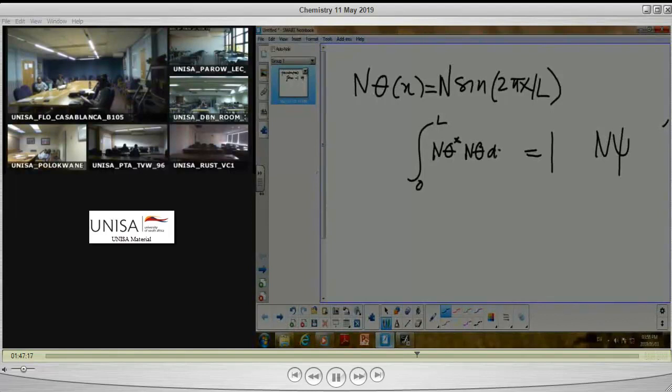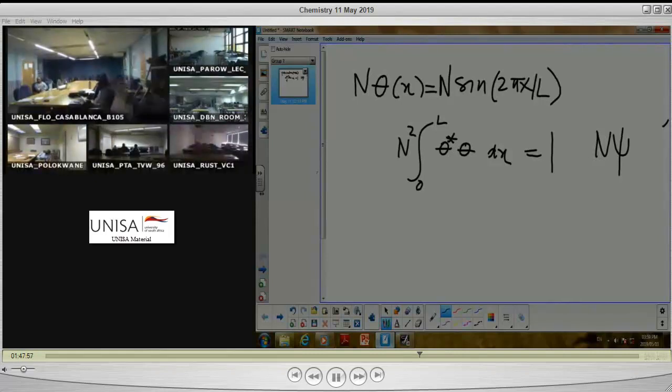This simplifies into this, so we can simply take that there and put it here. Now, we shouldn't worry about the star. The star is written normally to accommodate complex numbers.